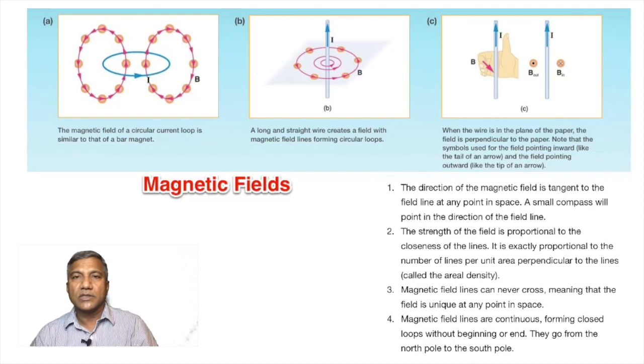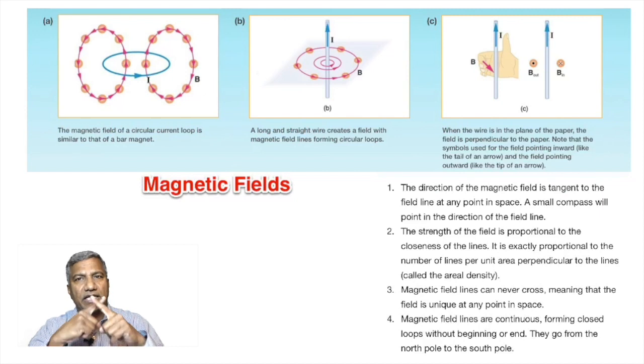Number 2, the strength of the field is in proportion to the number of lines that pass through an area. So like I said before, if the lines are closer and if there are more lines passing through a certain area, then it's a stronger field. Number 3, remember, magnetic field lines can never intersect.